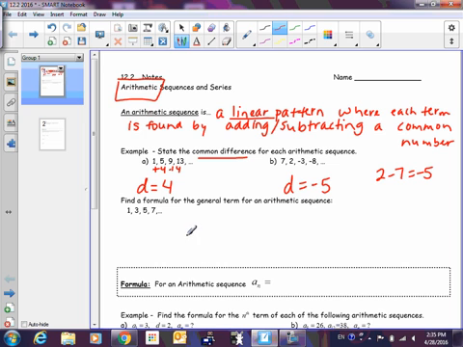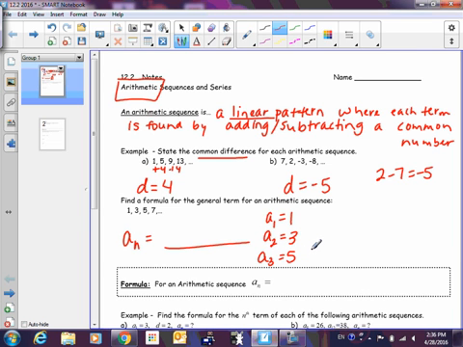All right, so to find a formula for a general term, this is where we come up with some kind of pattern with an n in it. And so it's saying, what's something so that when I plug in a 1, I'll get 1. And if I plug in a 2, I should get 3. And if I plug in a 3, I should get 5, and so on.